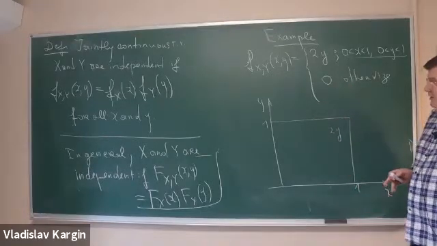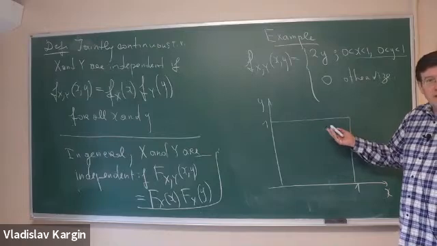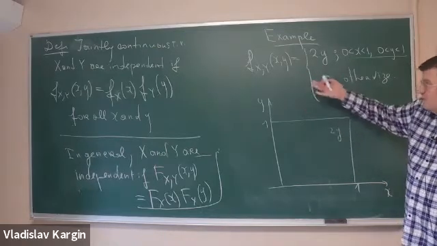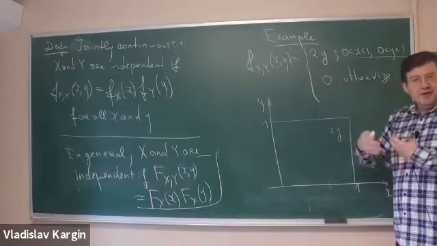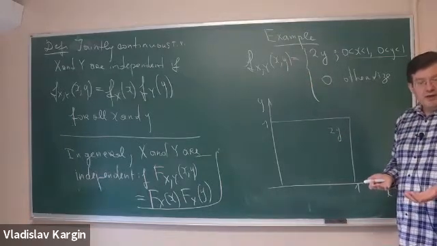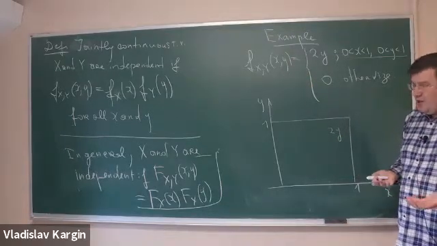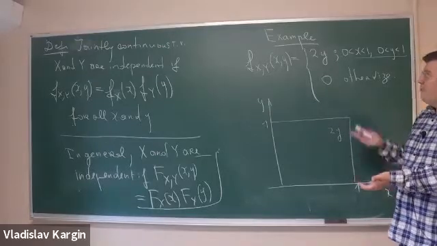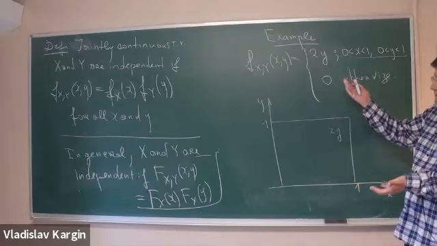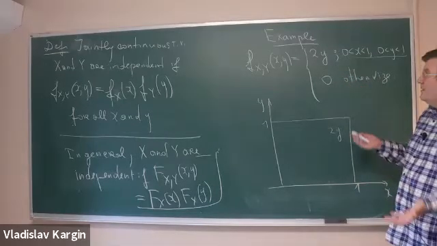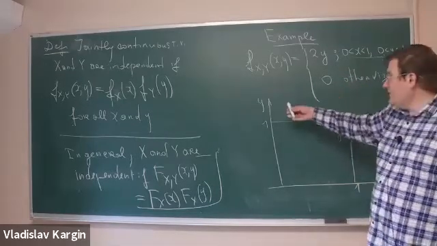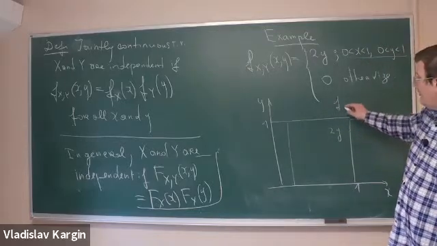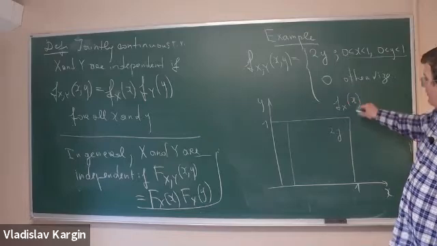Okay, so now in principle, we need to show that if it's independent, then it must be a product of the marginal densities. So how can we check it? We can calculate the marginal densities. It's an exercise, but let's see what the marginal density will be. So f of x, right?